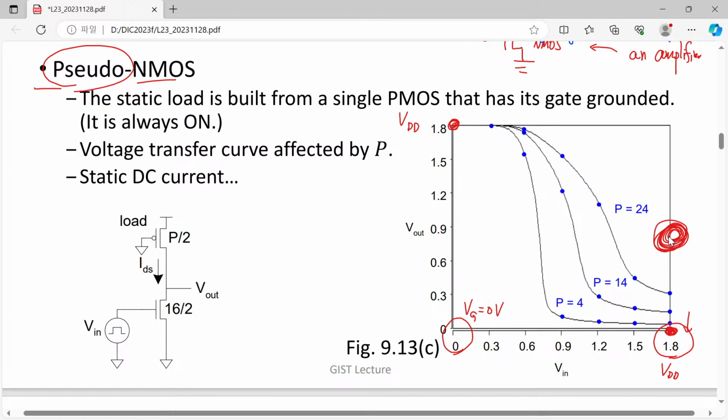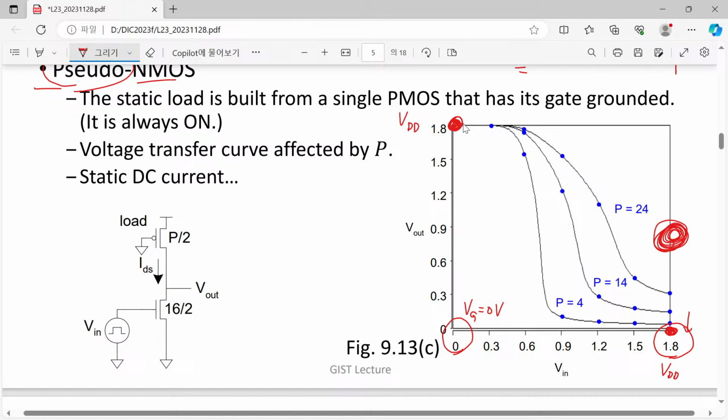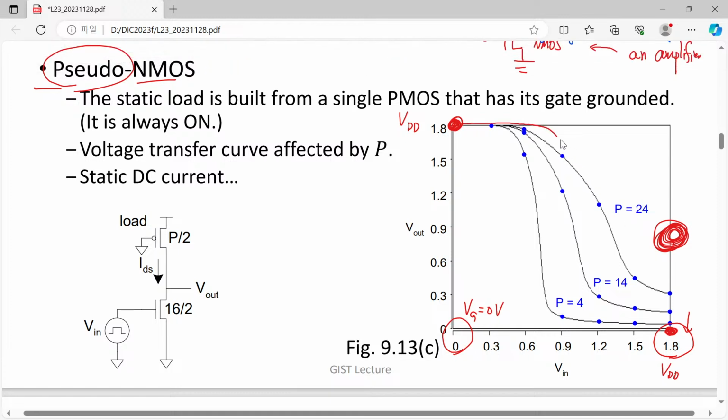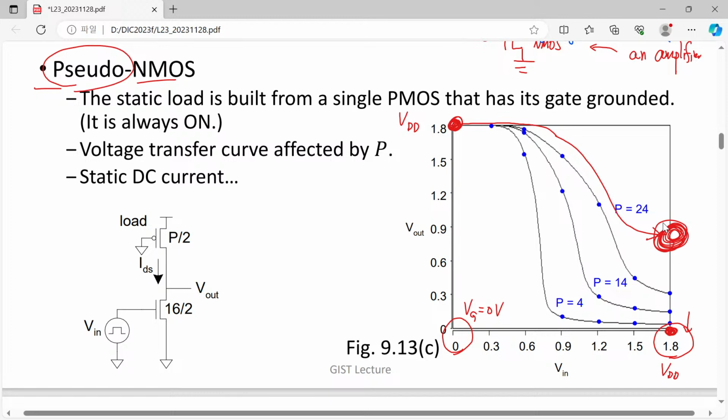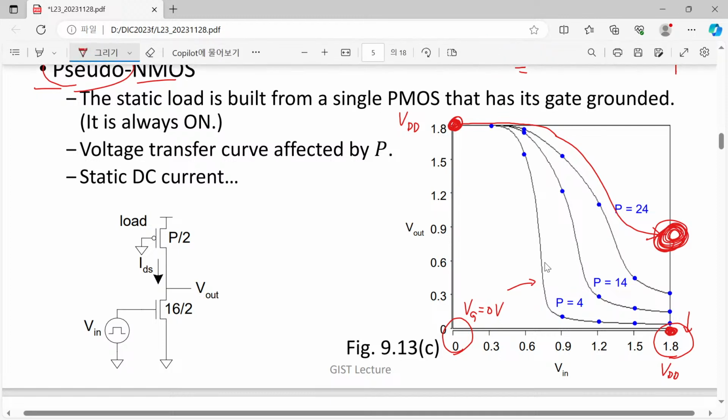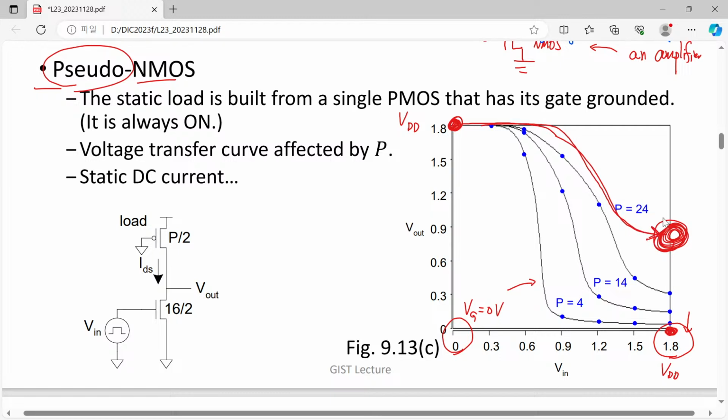If you have this kind of thing, the voltage transfer curve starts from VDD and ends at this intermediate value. Can you recognize it as the voltage transfer curve of an inverter? Actually, it is really difficult to say so. For this curve, you can say that yes, certainly it is a voltage transfer curve of an inverter. However, if we have this other kind of curve, it would be very difficult to say it is an inverter voltage transfer curve.